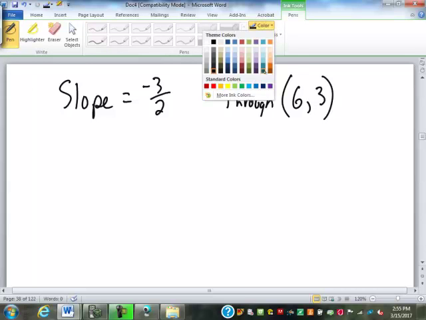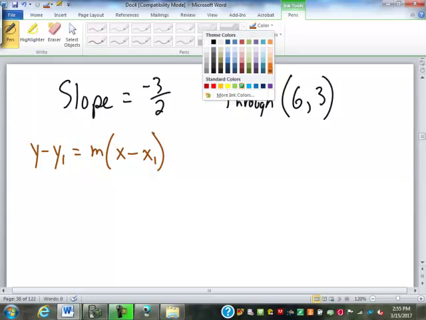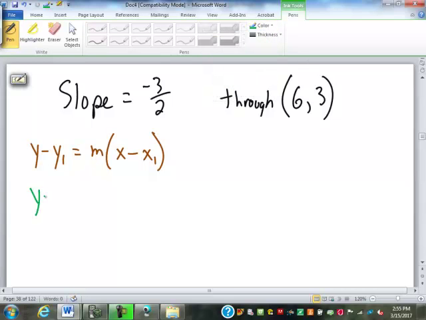So using what we just learned with point-slope form of an equation, we can make this equation really quickly. What goes in for y1? The y-coordinate of our point, right? The 6. Equals what goes in for m?